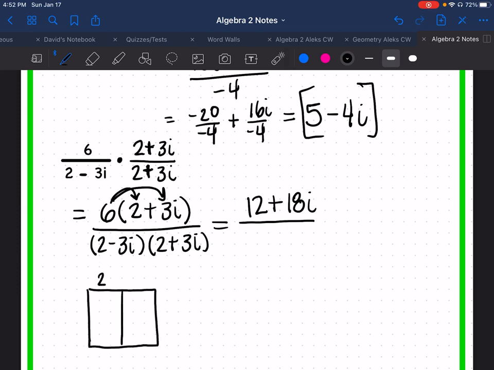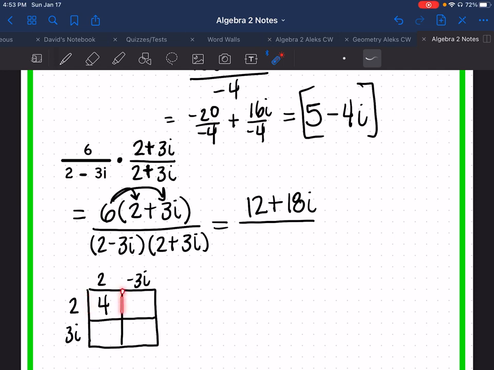where I put 2 minus 3i, and then I cut it into 2 more, 2 times 3i. So I cut it into 2 boxes in each direction, top to bottom and left to right. Remember you're doing 2 times 2, 4. If this side of the rectangle is 2, so is this side.